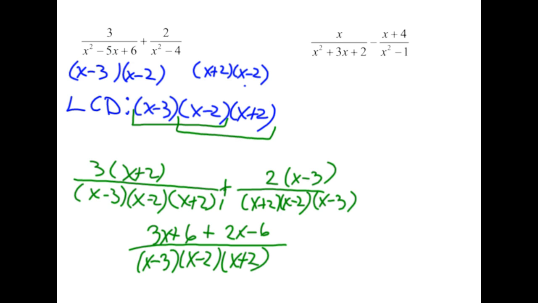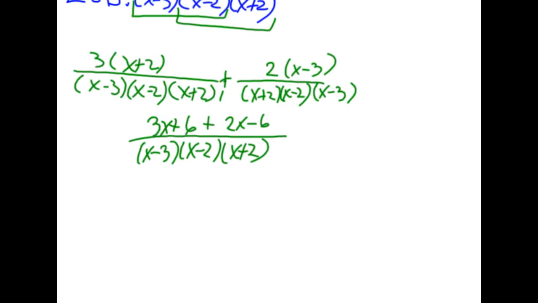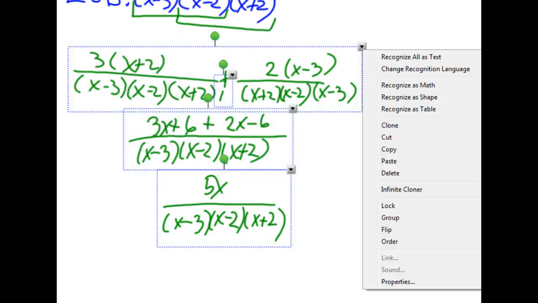Combining like terms, I get 5x over the x minus 3, x minus 2, and x plus 2. Now, unlike multiplying and dividing fractions, this is not about factoring and canceling. This is about making your bottoms match so that you can add your numerators. And that's how you do adding fractions.